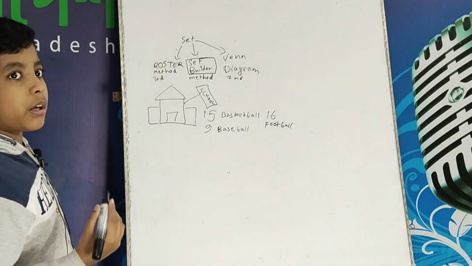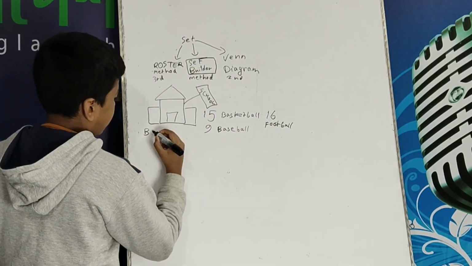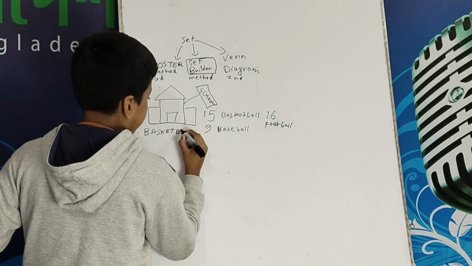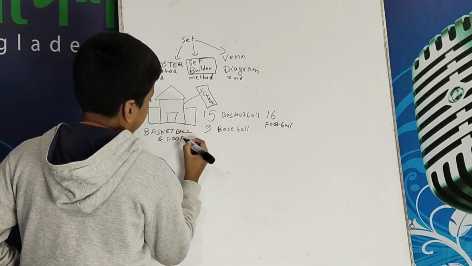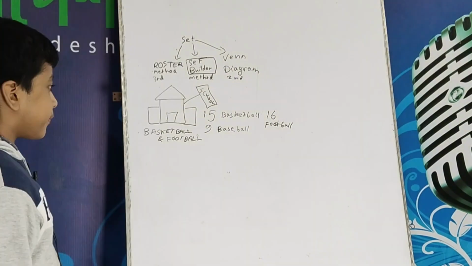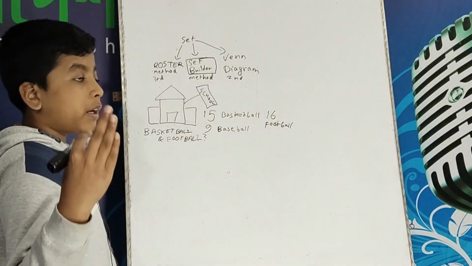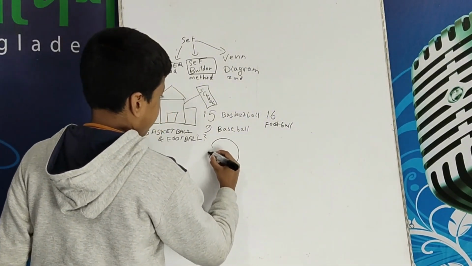So let's say we want to ask a question. How many students are interested in both basketball and football? Now, I know this is not enough information, but if we're given enough information, how I would do this is draw a Venn diagram.